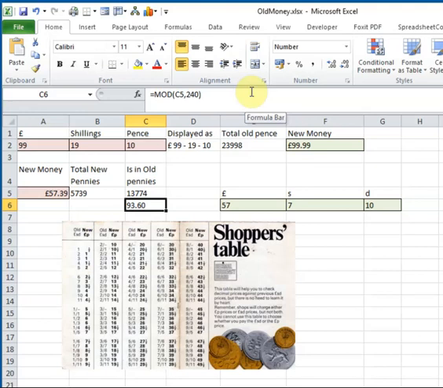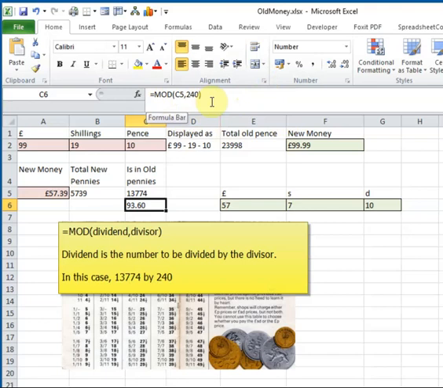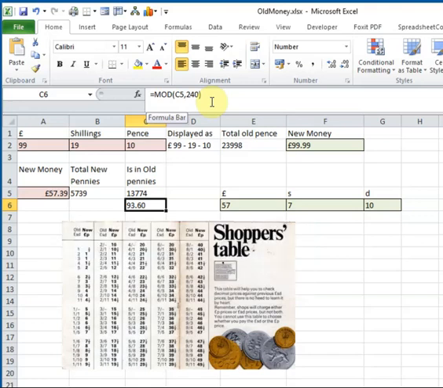If the figure in C5 was 13774, this gives us the modulus of 94. You can think of the syntax of the mod function as being equals mod, open brackets, the dividend, comma, the divisor, close bracket. The dividend is the number or the cell containing that number that's going to be divided, and the divisor is the number or cell containing the number that you're dividing by.